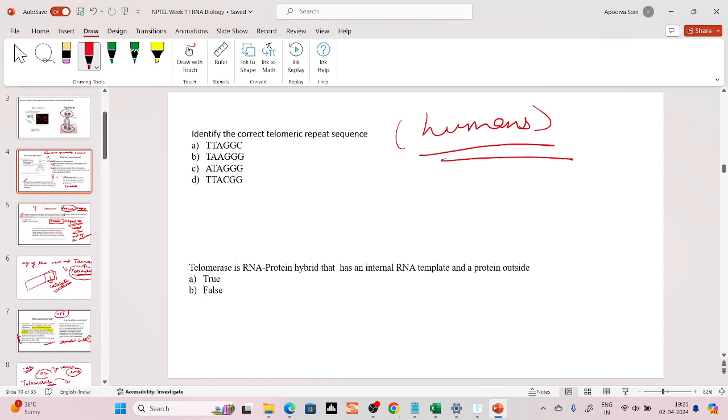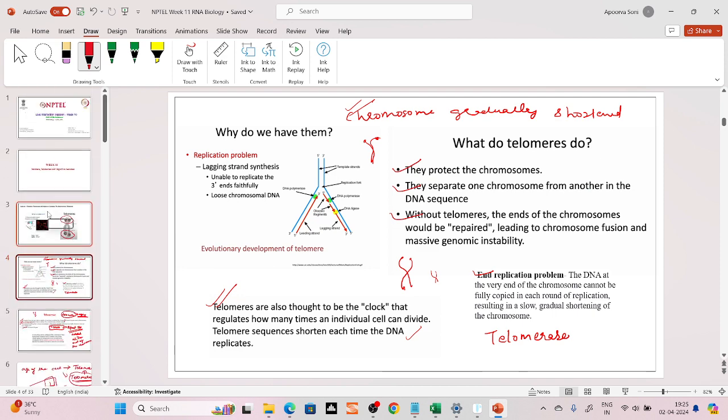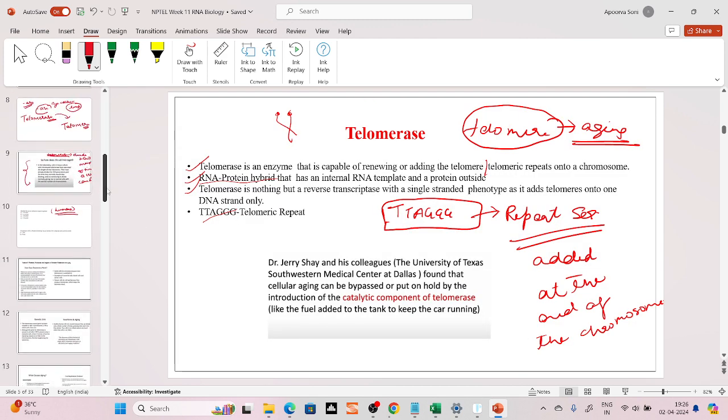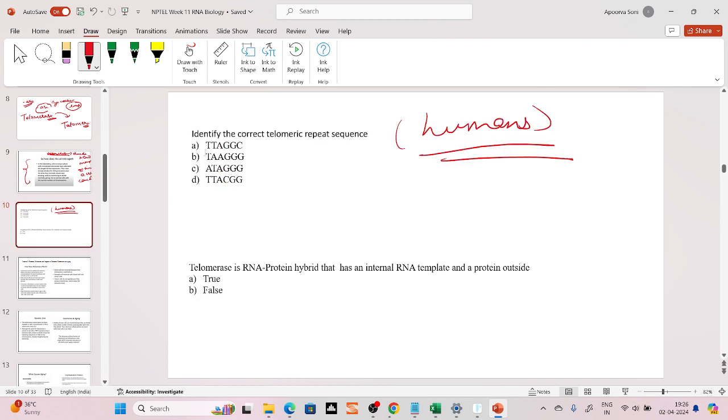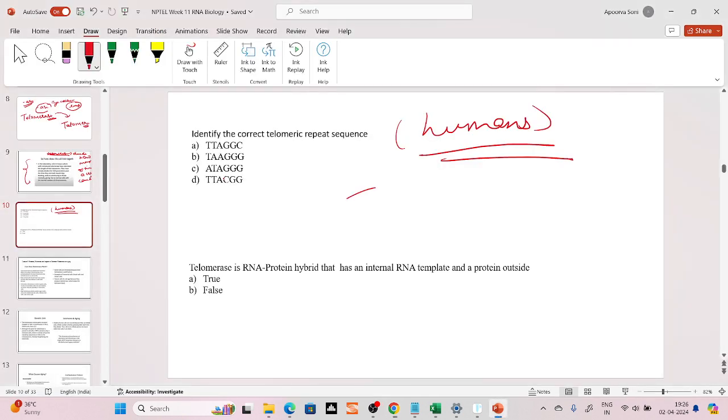I don't think so. The question that they have provided, there is no correct option. Just a minute. TTA triple G. Is there any TTA double G? TAA, the TTAG. So there is no correct option actually. You see, there is no correct option here.